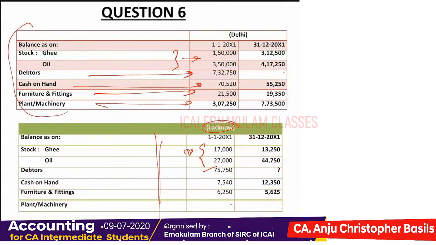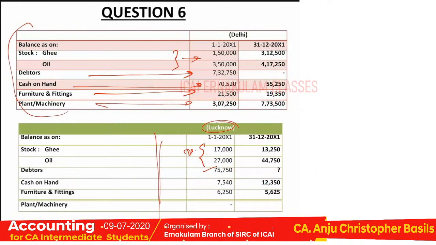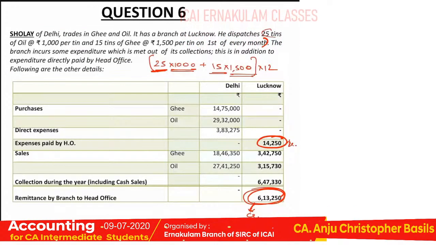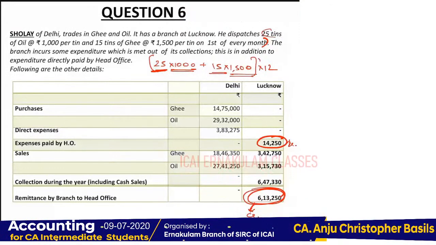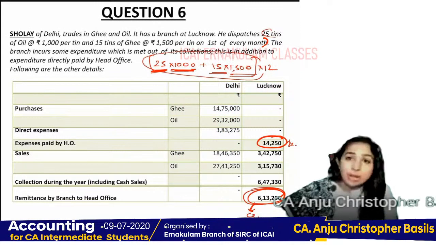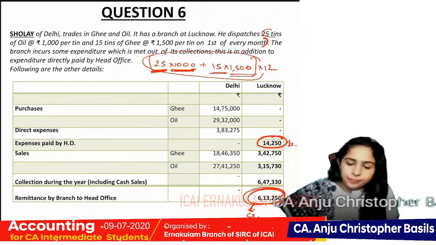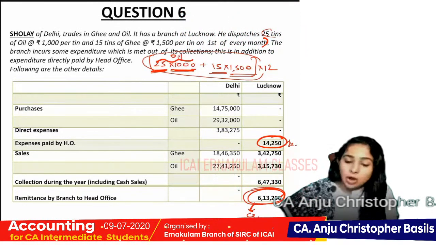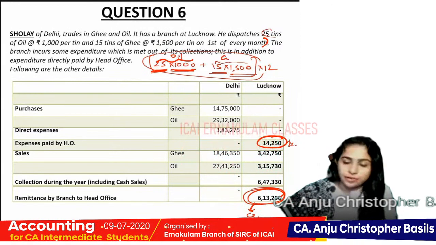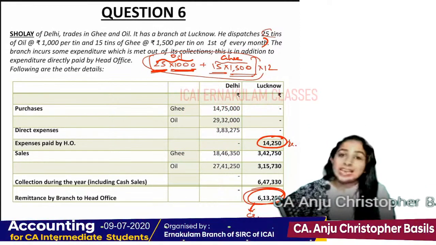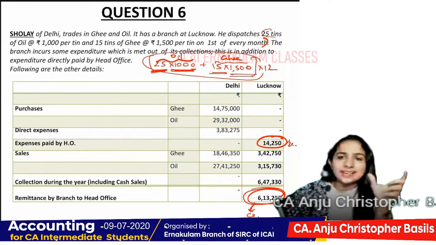Okay, so we are preparing the branch account. For preparing the branch account, listen, the goods sent from HO to branch is straight away given to you in the question. For 25 tons of oil at rupees 1,000 per ton and 15 tons of ghee at rupees 1,500 per ton, into 12, you will get the amount for one year.